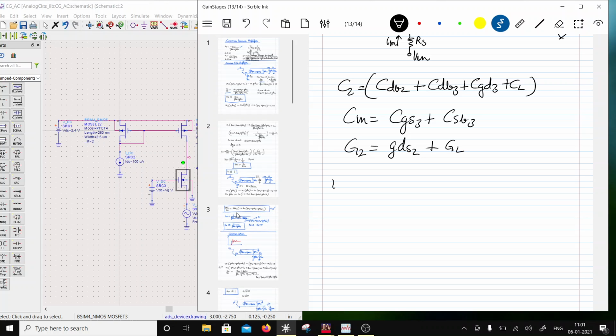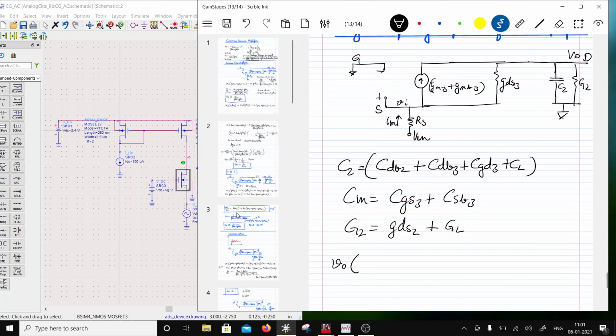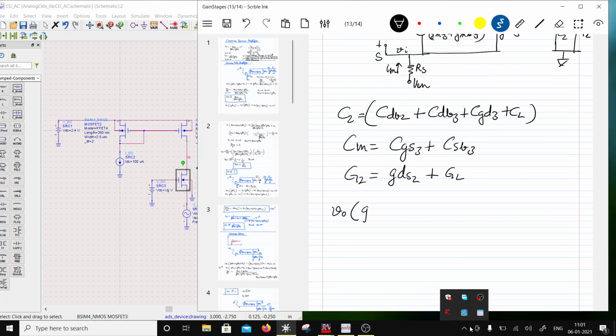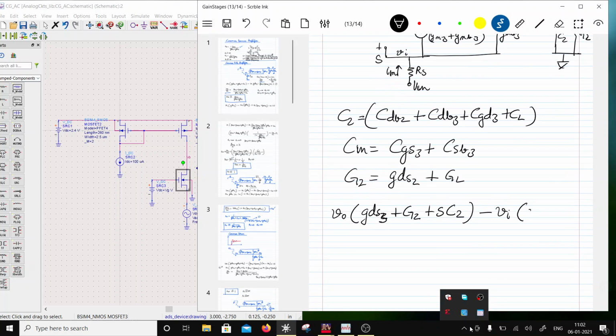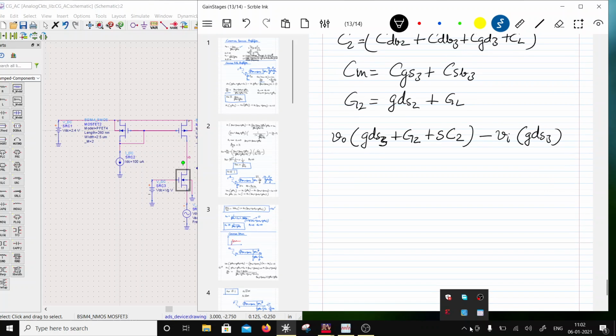So at the output node, we have VO multiplied by all the connected conductances, GDS3 plus G2 plus SC2, minus the adjoining node VI times GDS3, and as the current is flowing in instead of out, I have VI times GM3 plus GMB3, which should be equal to 0.